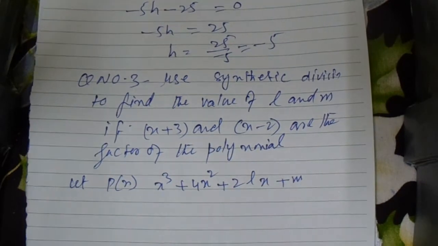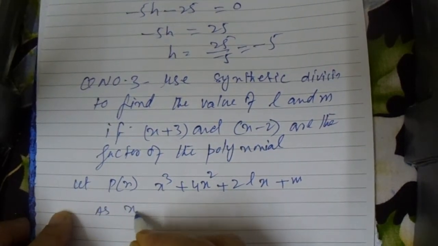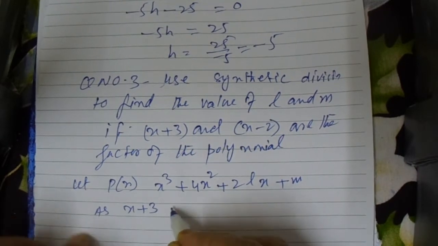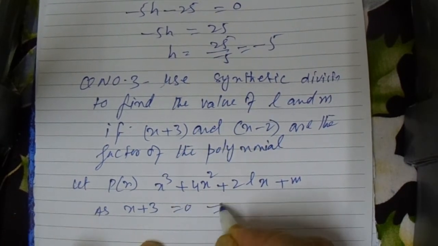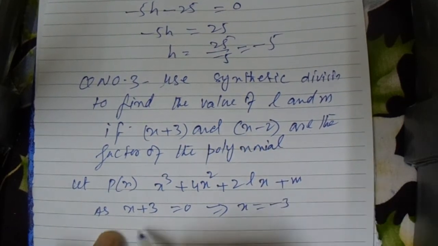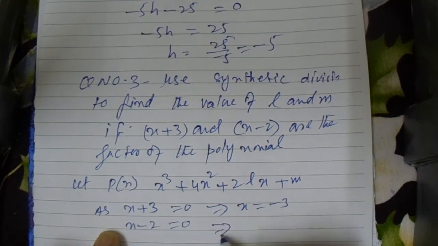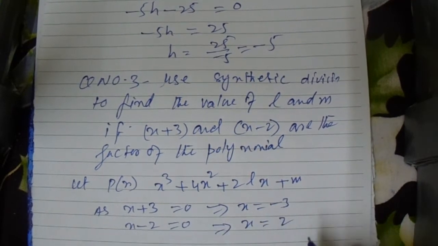This is our polynomial. Since x plus 3 is equal to 0, x is equal to minus 3, and x minus 2 is equal to 0, so x is equal to 2.